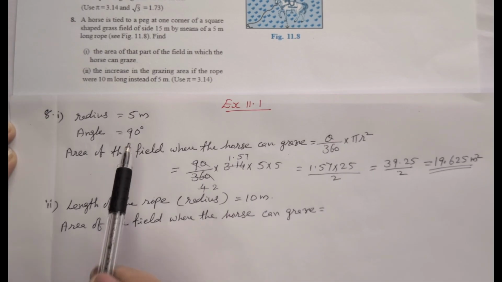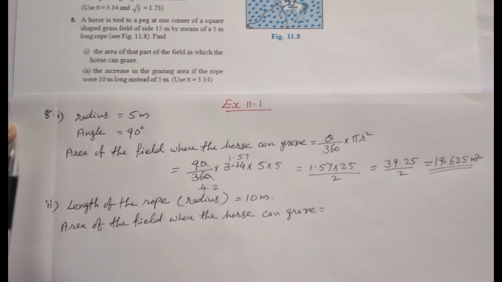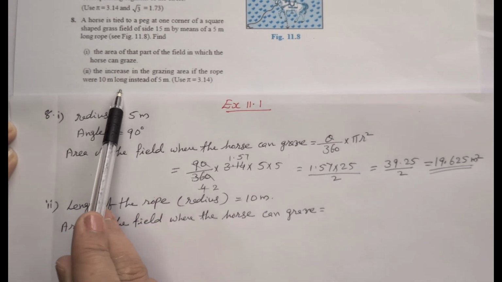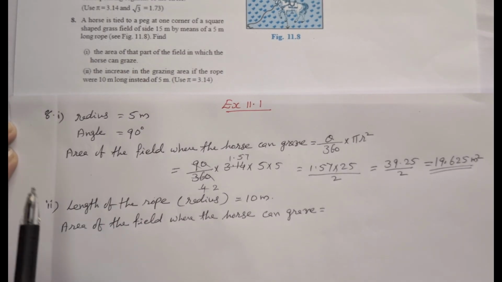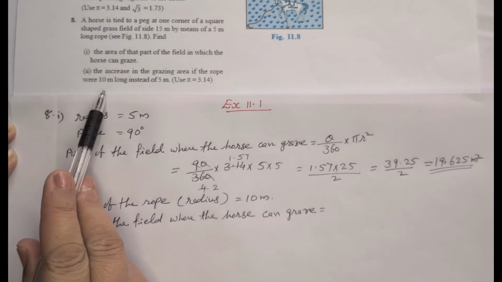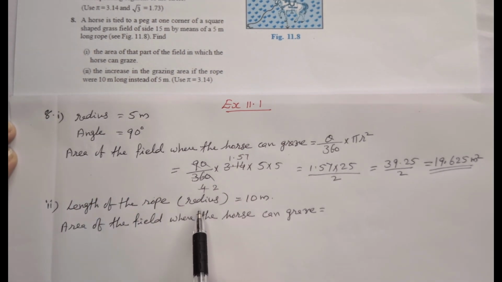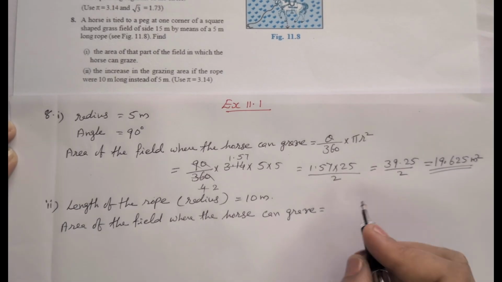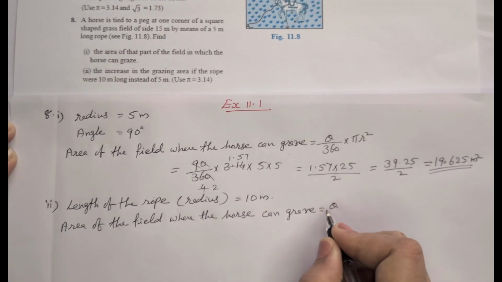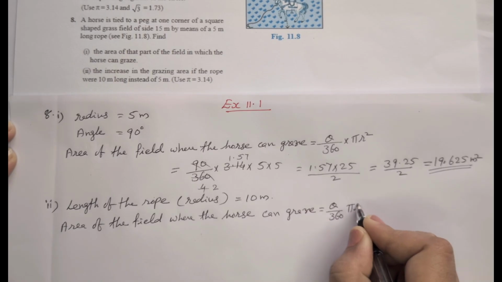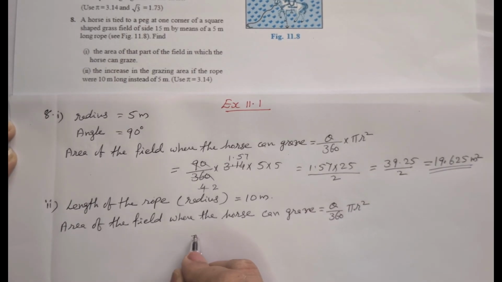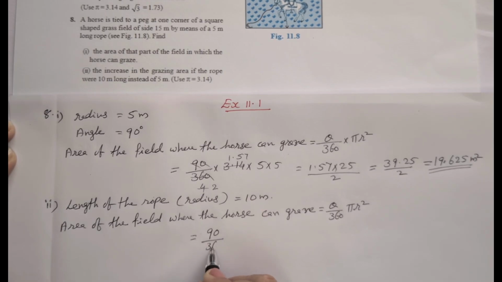Second part of the question, the increase in the grazing area if the rope were 10 meter long instead of 5 meter. Now in the second part we have to take the length of the rope as 10 meter instead of 5. That means the radius is equal to 10 meter. Then the area where the horse can graze, the same way, area of the sector, theta by 360 into pi r square, theta is the same, 90 degree divided by 360.